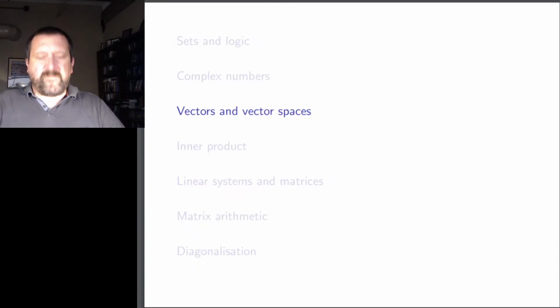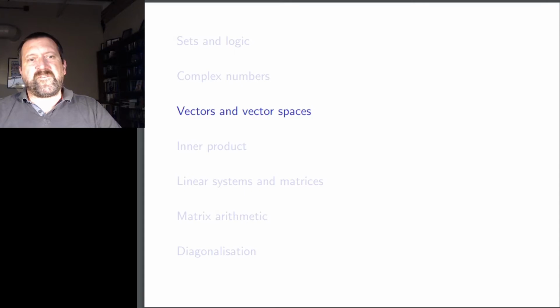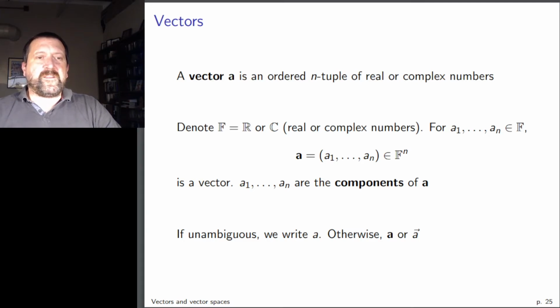Okay, something else that I want to go over are vectors and vector spaces. So vector spaces you might not have seen entirely in your first year algebra class, but you have seen the notions, and I'm just going to give a few more definitions. So the first thing is a vector. A vector, and we'll call the one here a, is an ordered n-tuple of real or complex numbers.